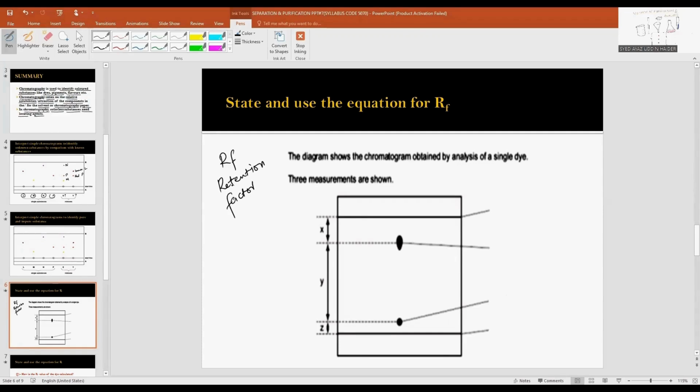You see this diagram showing a chromatogram obtained by analysis of a single dye. This line is the original level of solvent, also known as the baseline.